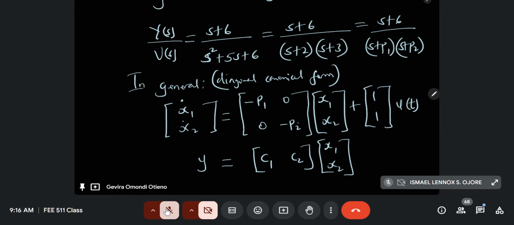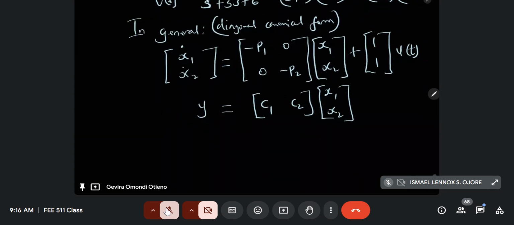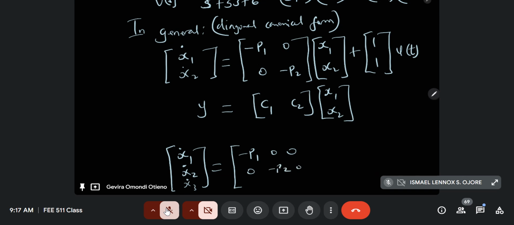If there were 3, then we would be having another third one, okay? If there were 3, you'd be having something like this, x1, x2, x3. That is if it was a third order, okay? We would be having something like this. Minus p1, 0, 0, 0, minus p2, 0. Then everything else, all the other elements have to be 0, 0, 0, minus p3.